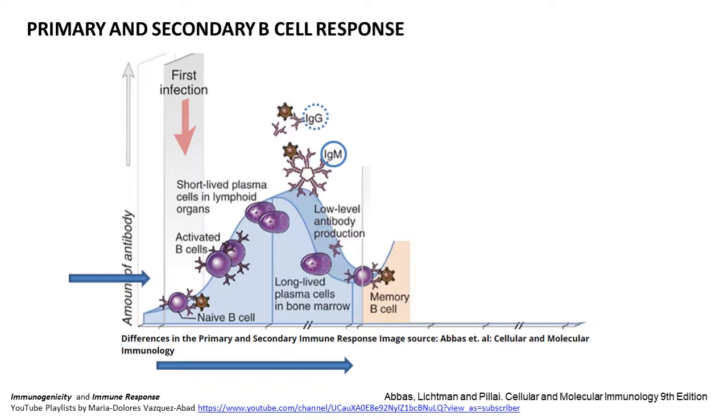This whole first graph could be 30 days. It could be that the maximal response is within 15 days, and then by day 30, you still see the remaining antibodies when there are long-lived plasma cells in the bone marrow.